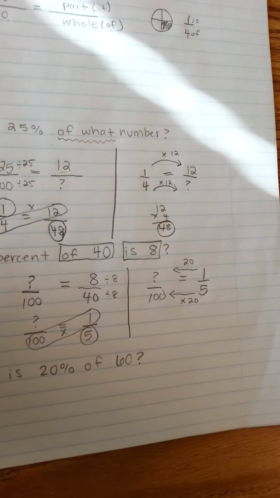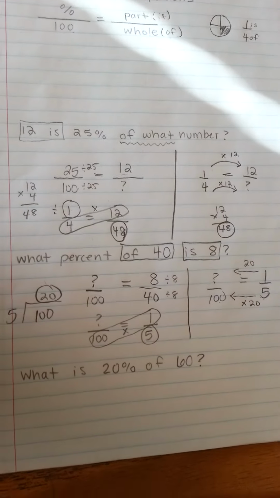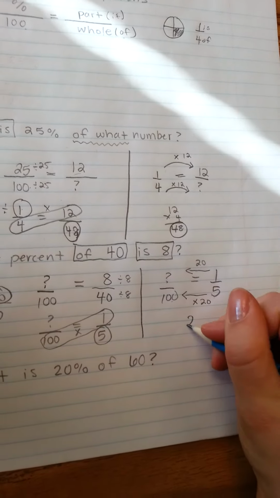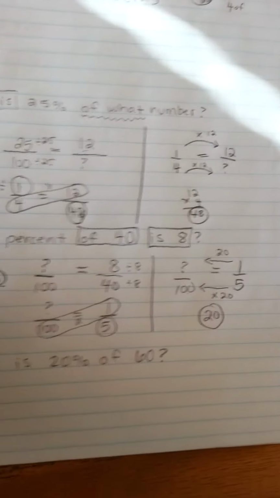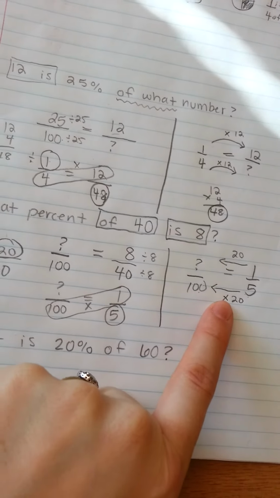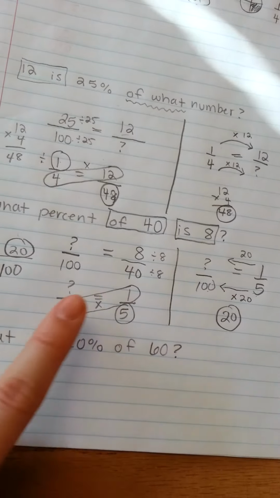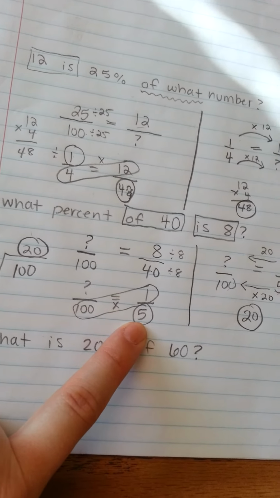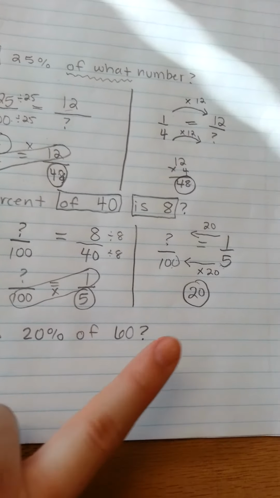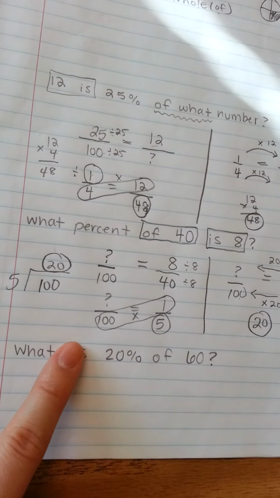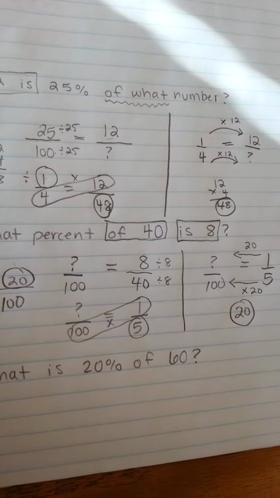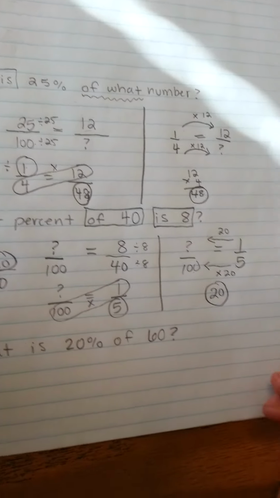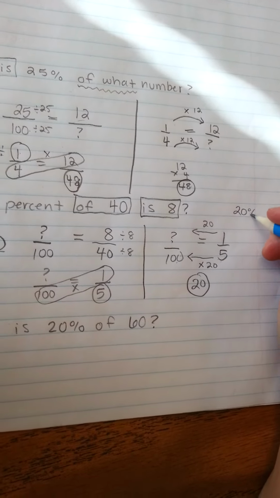That should give me my answer. And it does. It gives me 20. So, as you can see, whether you're looking at the relationship or cross-multiplying and dividing by what's left over, you're going to get the same answer. 20 is the percent of 40 that is 8. So your answer is 20%.